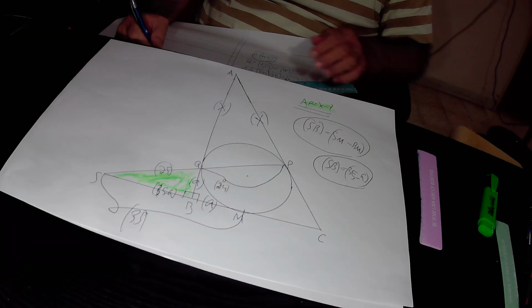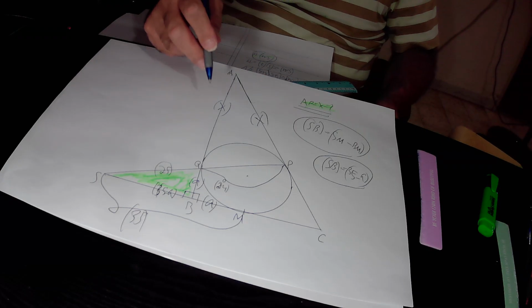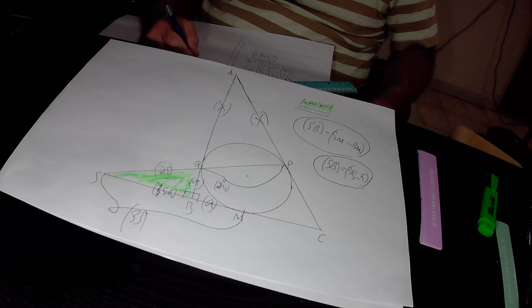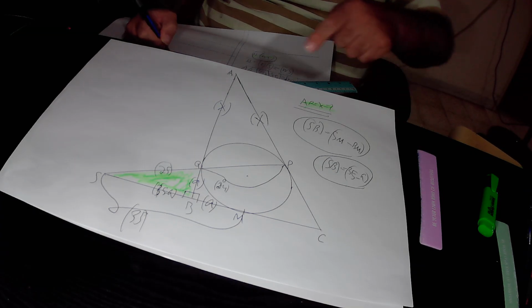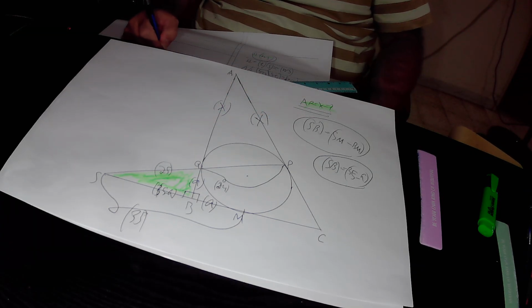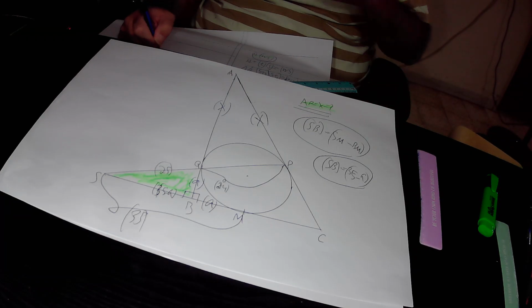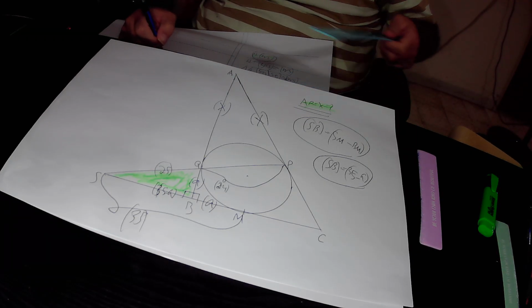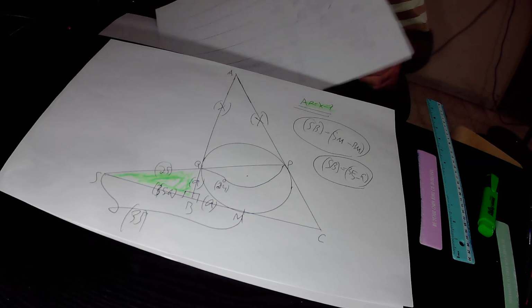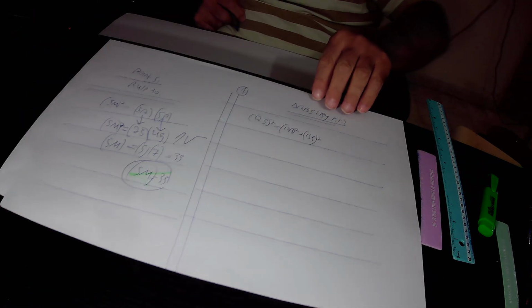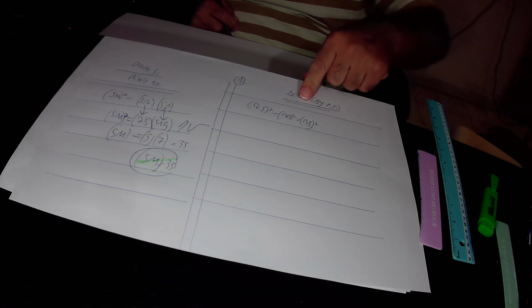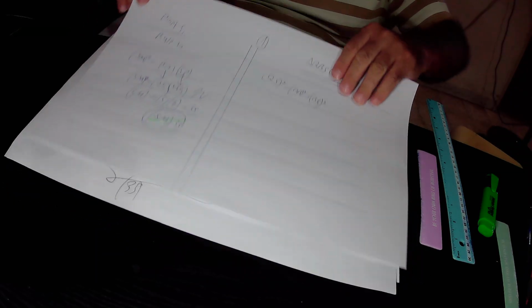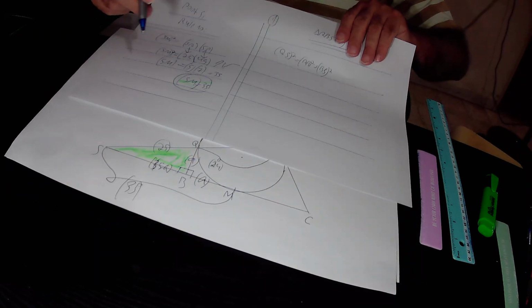So in this right triangle QBS, according to the Pythagoras theorem, QS squared, that is the square of the hypotenuse, equals QB squared plus BS squared.